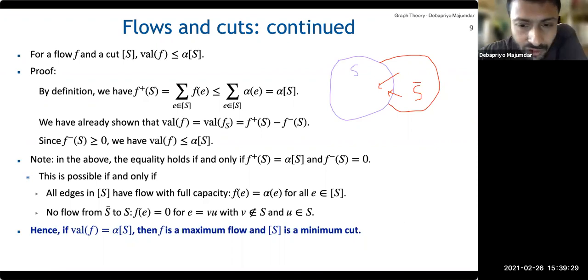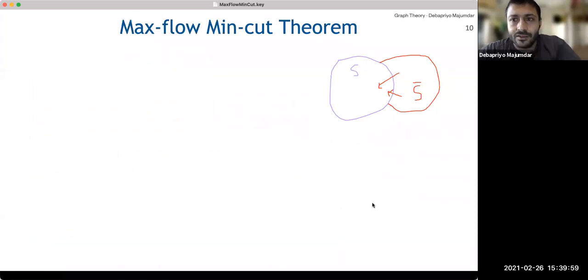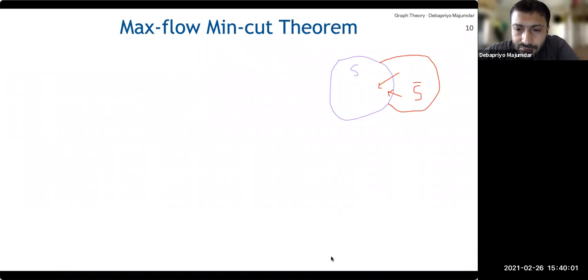What we want to show is the value of a max flow is the same as the value of a min cut. So this does not necessarily tell you that this will always happen, right? This may not even happen. That's the point. But what it tells you is that the value of a max flow has to be the same as the capacity of a min cut. So let's go on to that.